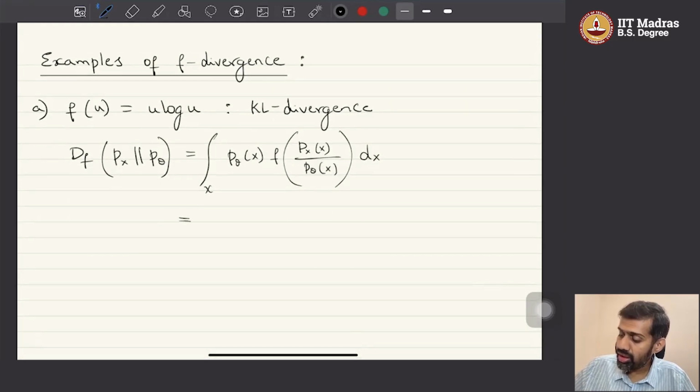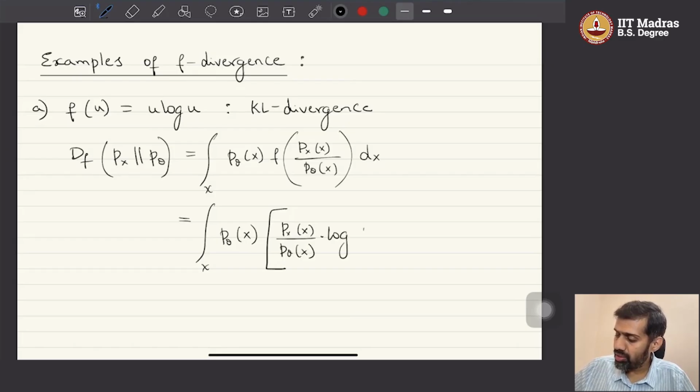Now substituting u log u for the f function will give us the following. Now u will be the ratio of p_x and p_theta. Therefore, this would be p_x divided by p_theta of x times log u, where u is again p_x divided by p_theta of x, dx.